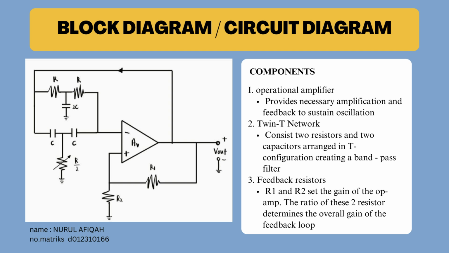Secondly, the twin-T network. This network consists of two resistors R and two capacitors C arranged in a T configuration. The resistors and capacitors form two arms of the T network, creating a band-pass filter. Third, feedback resistors R1 and R2. These resistors set the gain of the op-amp. The ratio of R1 to R2 determines the overall gain of the feedback loop.